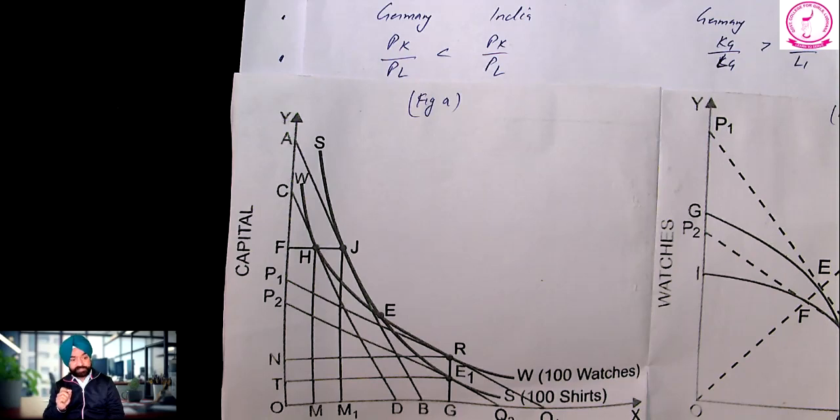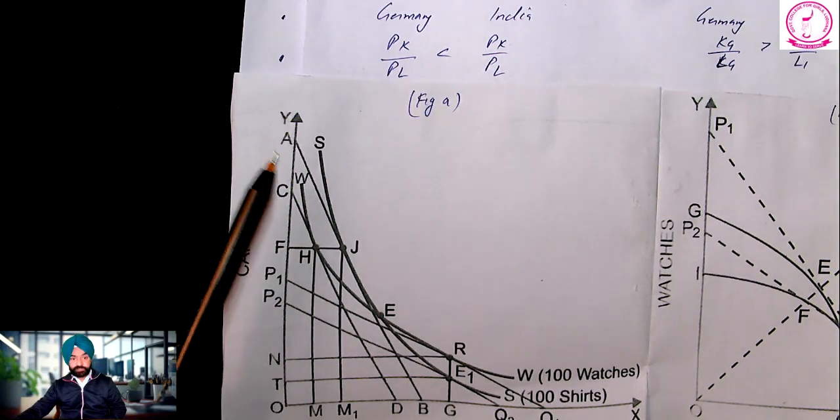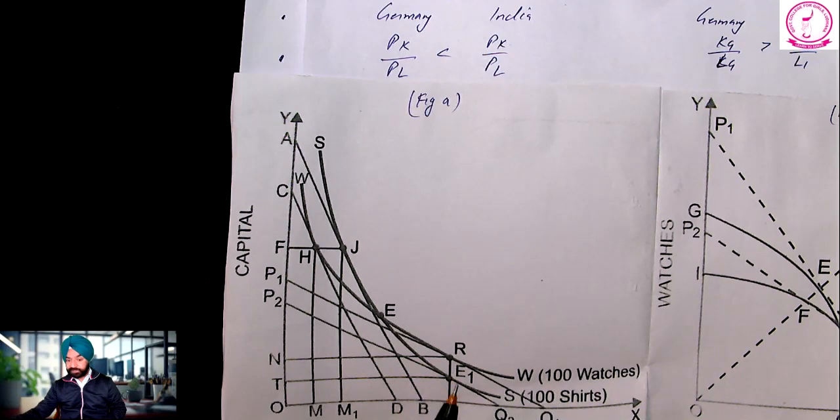AB is the isocost line. In which country? Germany. This A and this B show the isocost line in Germany.